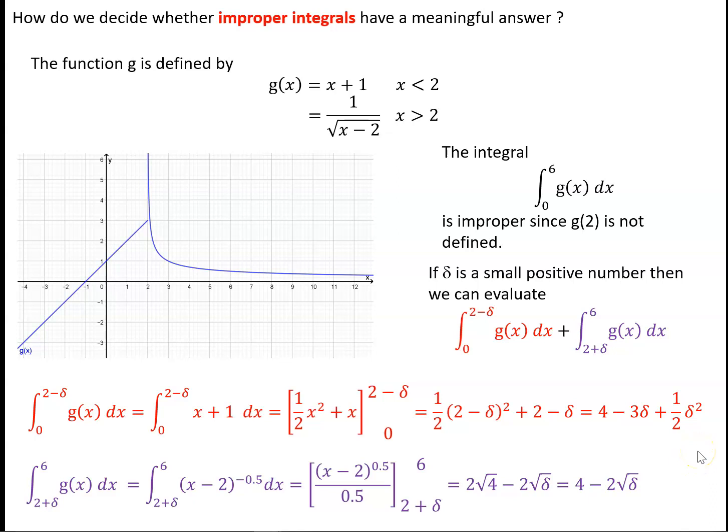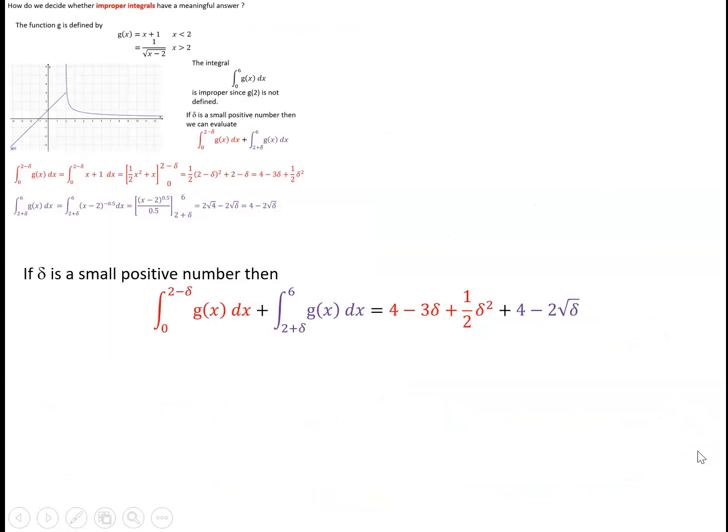So I now need to combine my two answers. If delta is a small positive number, then the integral between 0 and 2 minus delta of g of x plus the integral between 2 plus delta and 6 of g of x gives me 4 minus 3 delta plus a half delta squared plus 4 minus 2 root delta. Now what we're really interested in is what happens as delta tends to 0.